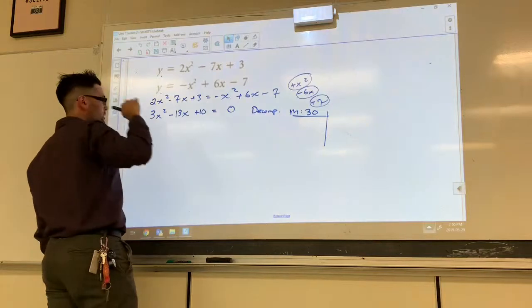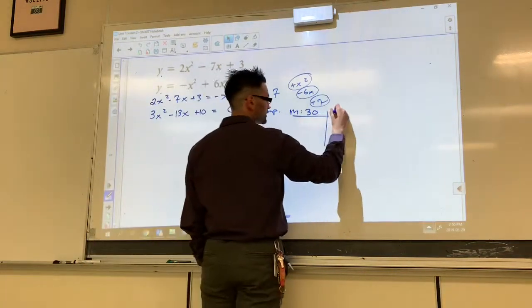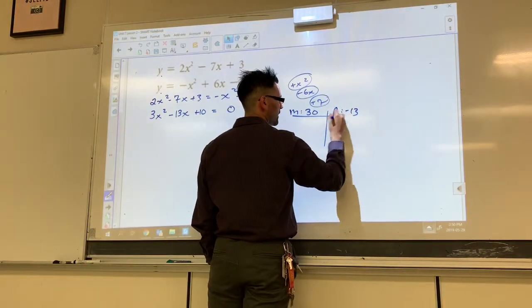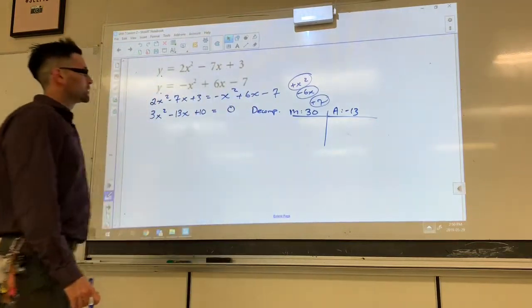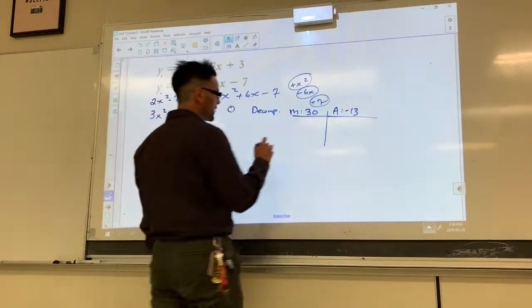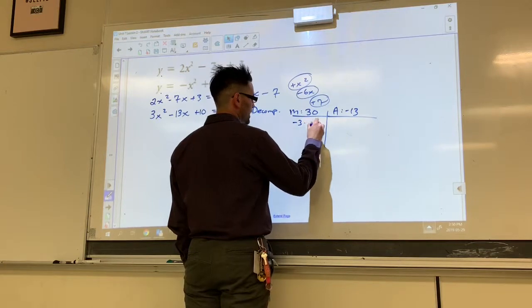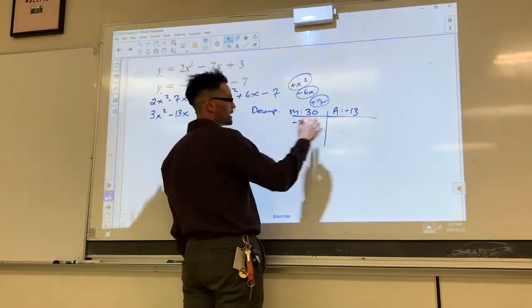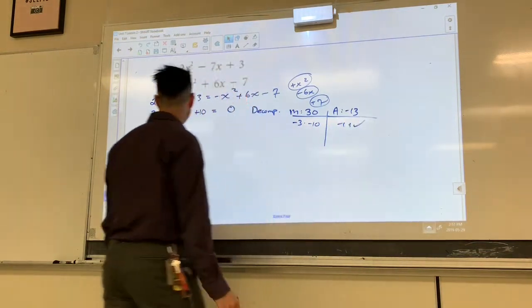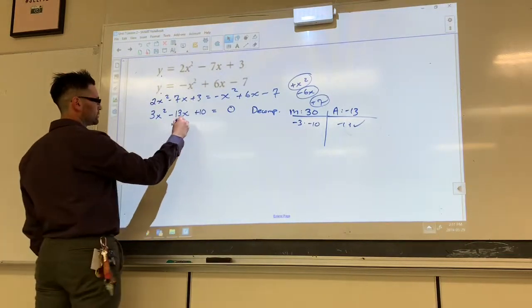And it adds to negative 13. So negative 3 times negative 10 definitely multiplies to that and it adds up. So that's good. So now decompose the middle term.